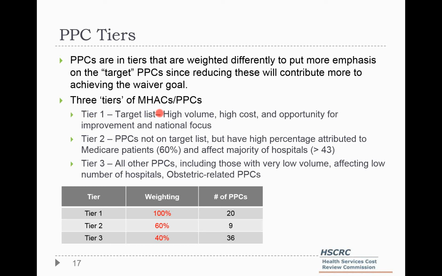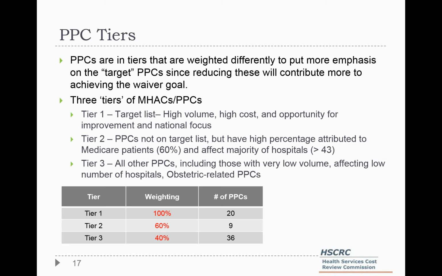Tier 1 are these target PPCs that are high volume, high cost, and have an opportunity for improvement, or are of a national focus. Tier 2 are those not on the target list, but those that have a high percentage attributed to Medicare and the PPCs that affect the majority of hospitals. Tier 3 are all of the other PPCs.